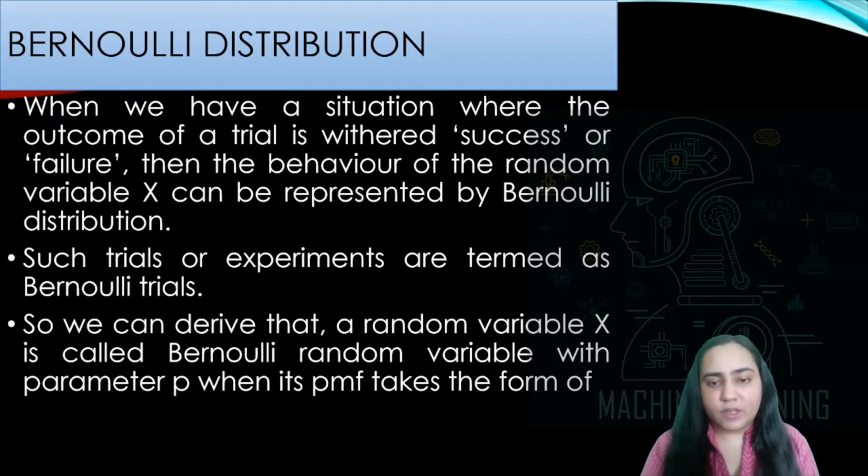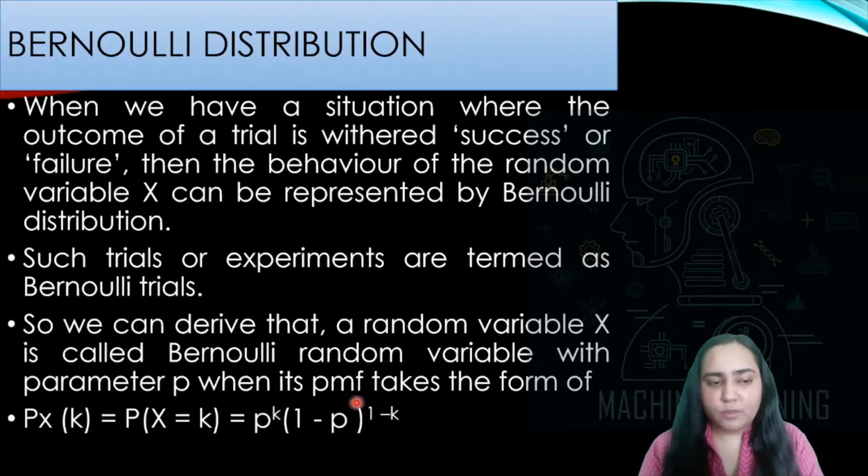And we can say that a random variable x is called a Bernoulli random variable with parameter p when its PMF, where PMF means the probability mass function, takes the form P_X(k) = P(X = k) = p^k (1 - p)^(1 - k).